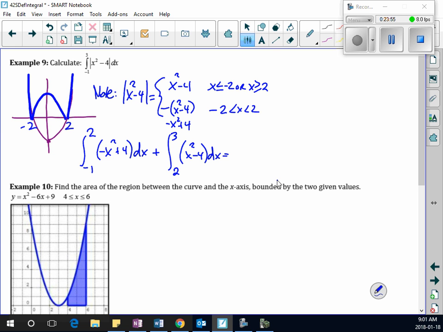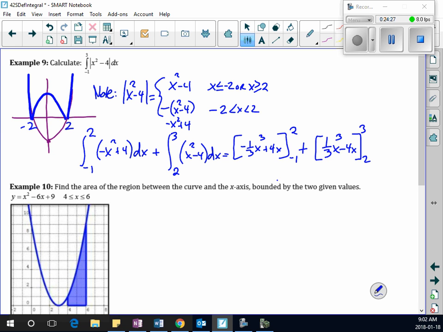So the antiderivative of negative x squared would be, add 1, so that's negative 1/3 x cubed plus 4x, and this is going from negative 1 to 2. And plus, same thing, 1/3 x cubed minus 4x, and that is from 2 to 3.